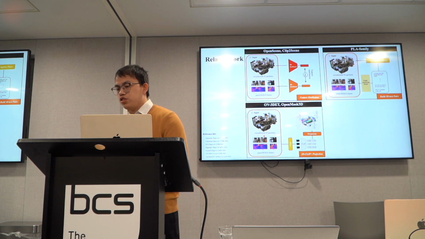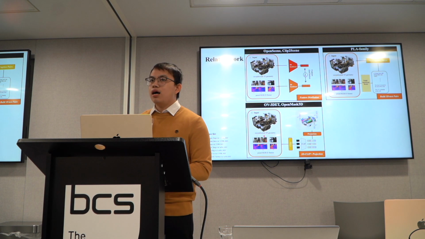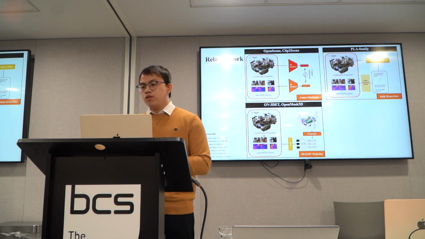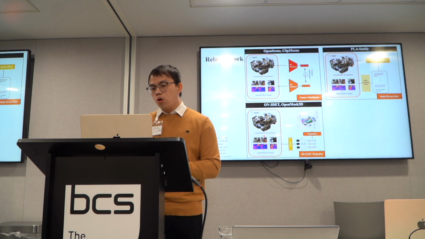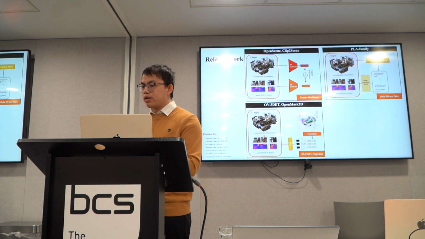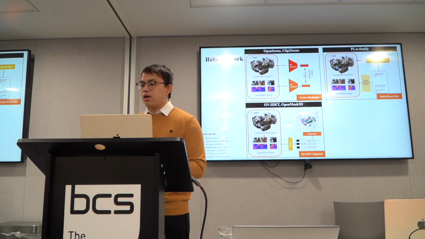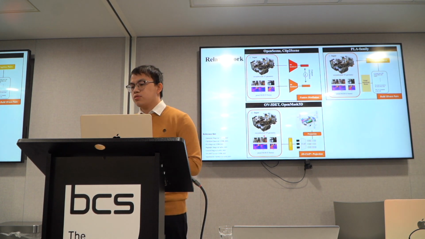Many of these works have achieved quite impressive results, but a limitation is that in order to use them, you not only need your 3D point cloud, but also well-aligned 2D images. That means you need images, your depth map, your camera pose, and camera intrinsics. Without any of them, this won't work.